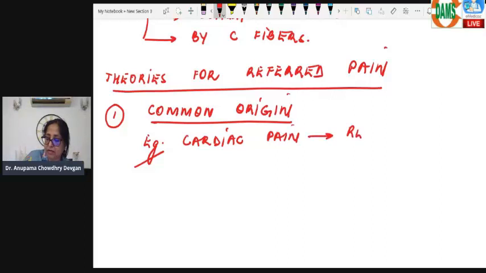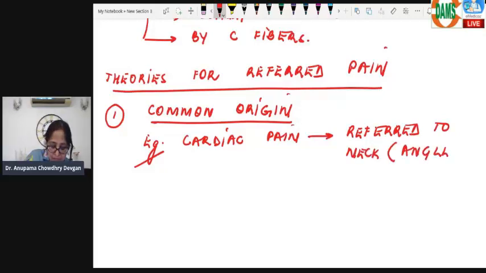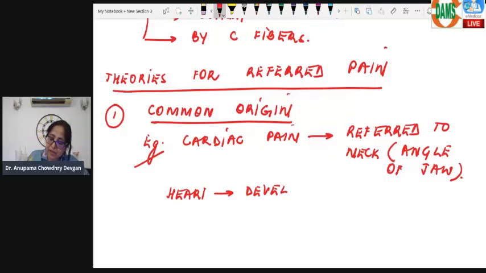Cardiac pain is referred to the neck, which is the angle of the jaw. The possible reason is the heart develops in the neck. If you look at your embryology, the heart develops in the neck and then migrates downwards to occupy a position in the mediastinum.